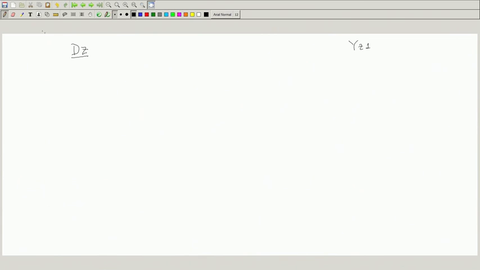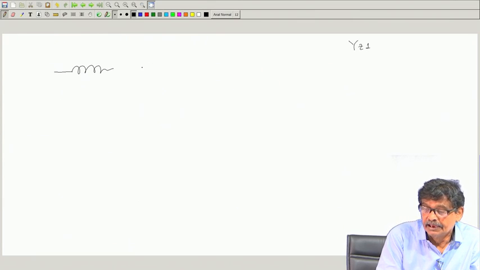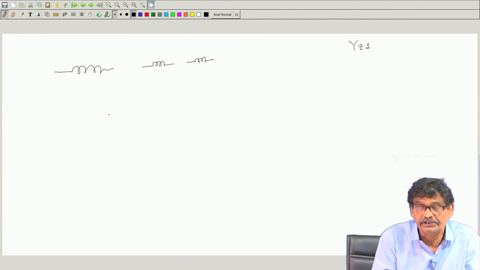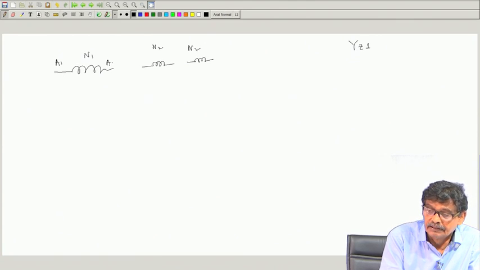Let me tell that once again, so that you also have practice. Suppose I want to do Y Z 1, what should I do? Primary, it will have 2 identical secondaries, this time it is identical, not tertiary or secondary. This is N2, this is N2. This is N1 and this is A1 A2.